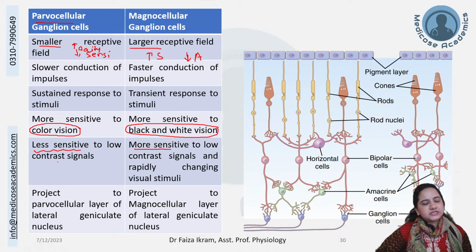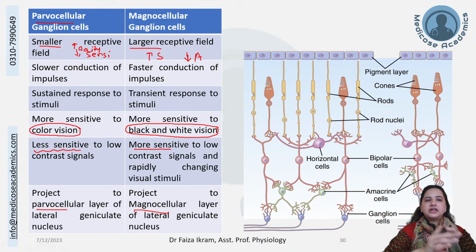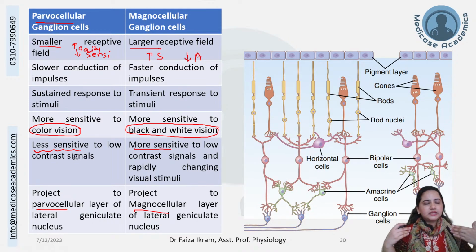Once the message is conducted to parvo or magnocellular ganglion cells, separate nerve fibers will be carrying the message to the parvocellular or the magnocellular layer of the lateral geniculate nucleus. So starting at the level of retina, the black and white and color vision is separated: from the photoreceptors, ganglion cells, the thalamus and cortex, the pathways will be kept differently.